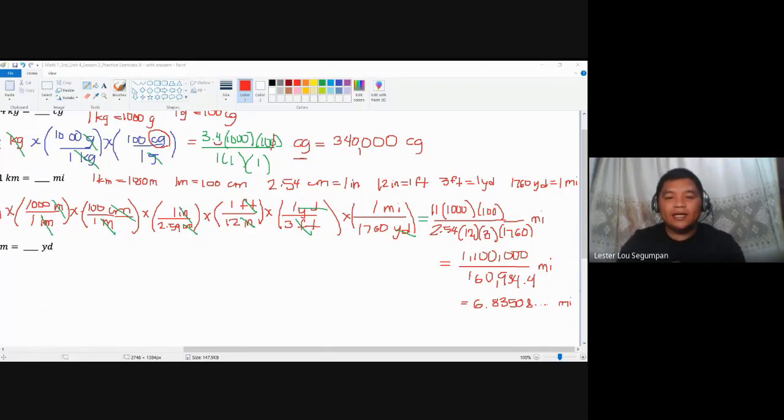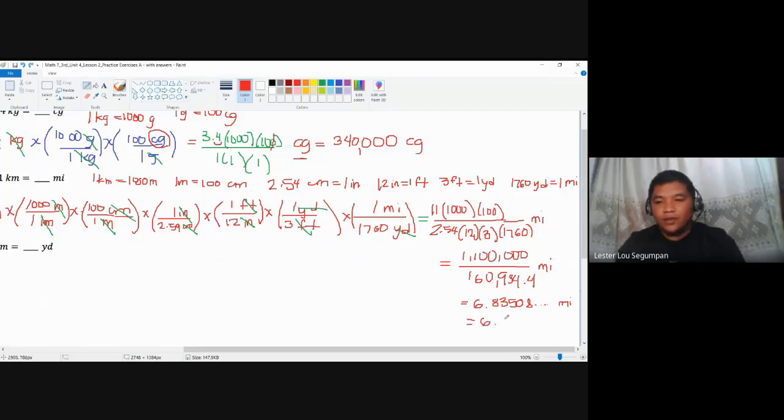Our agreement earlier is not to round off in the process. That's why it's still 934.4 in the denominator. But since this is already the final result, let's now round off to two decimal places.